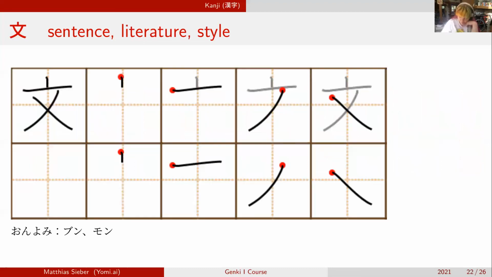And next one, we have bun or mon, also mo sometimes, like moji for just character. So bun by itself just means sentence, right? But we can also use it, for example, with bungaku, which means literature.